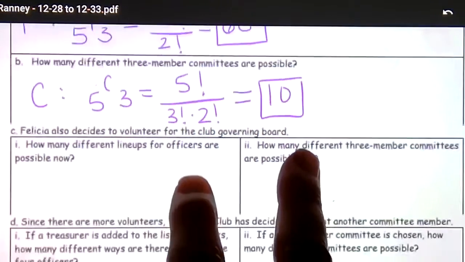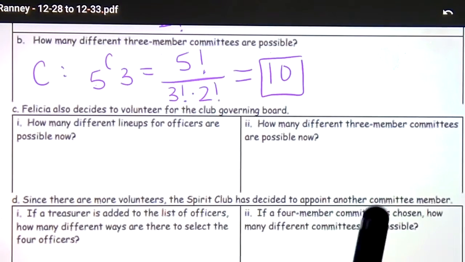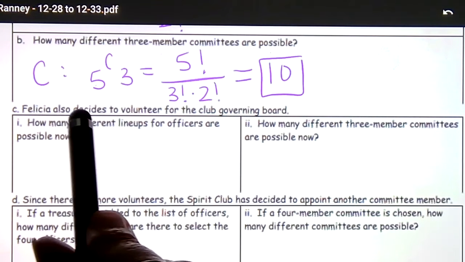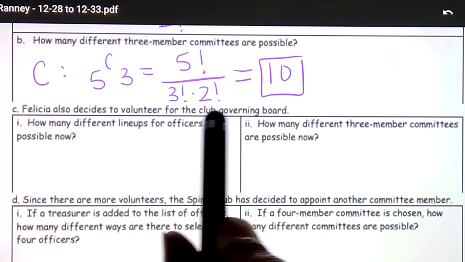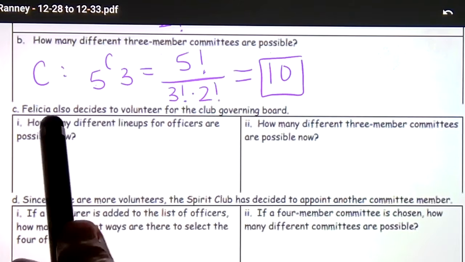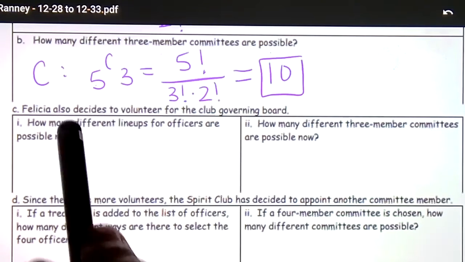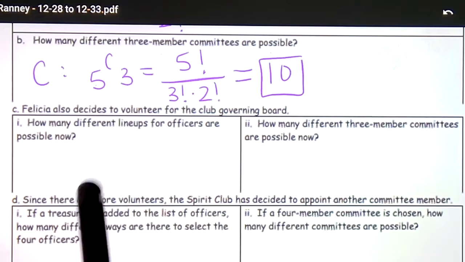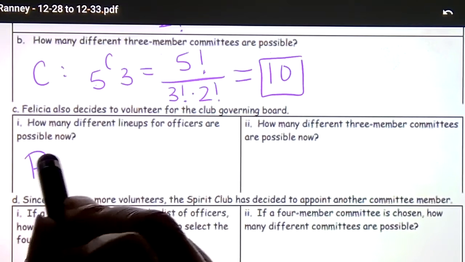So now looking at C, how many different lineups for officers are possible now if Felicia decides to volunteer for the club governing board? So now we have 1 more person in the club. We had 5, now we have 6. And now we want how many different lineups for the same 3 positions. So this is going to be a permutation.